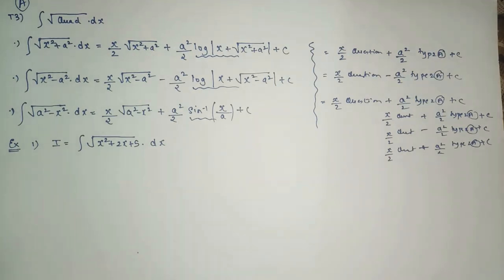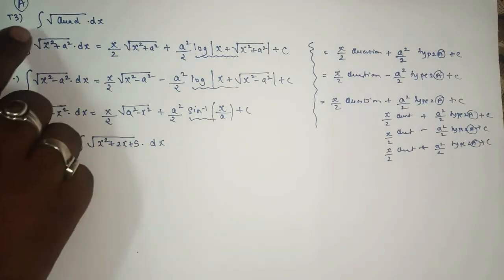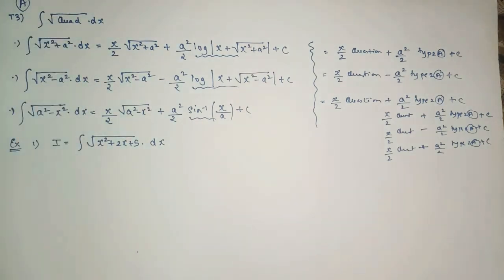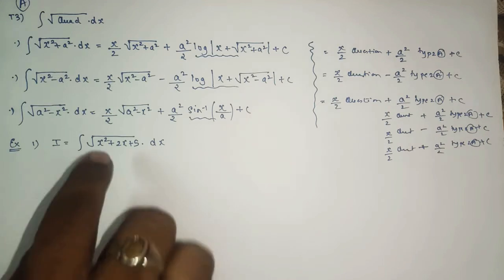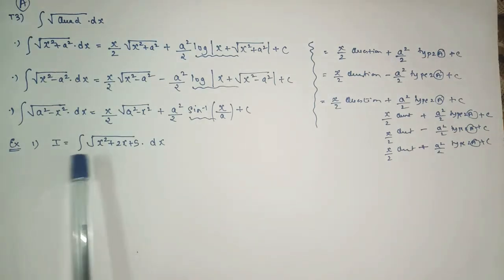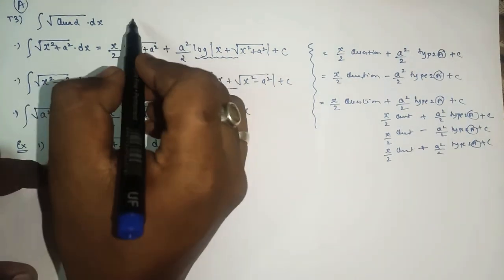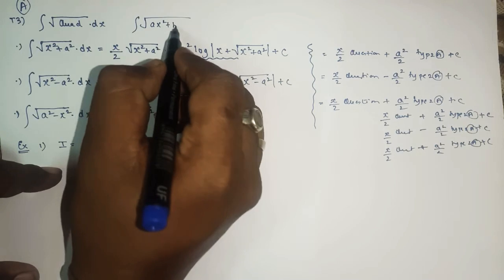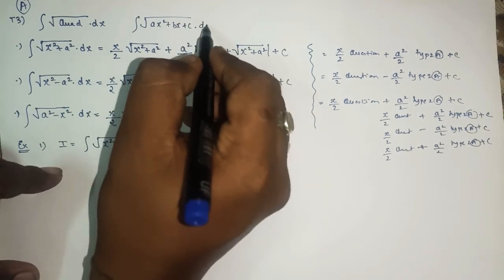Let's take the first example. The first example is I equals integral root x square plus 2x plus 5 into dx. So let's begin. Clearly we can see that it looks like integral root quadratic, and we know that whenever it is an integral root of a proper quadratic, it is in the form of integral root ax square plus bx plus c into dx.